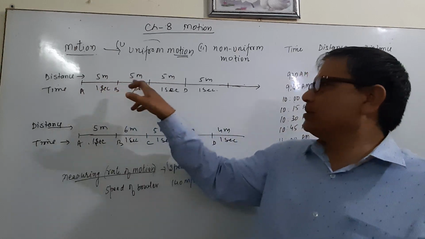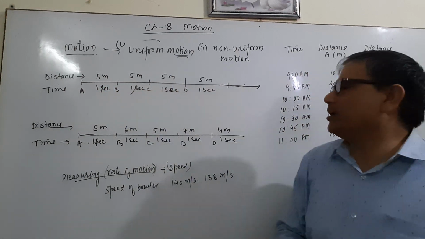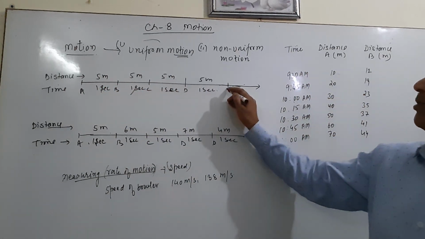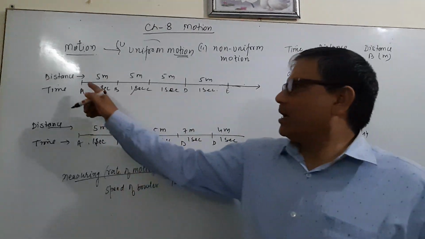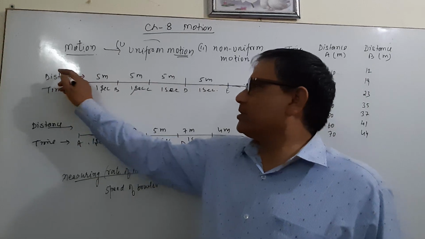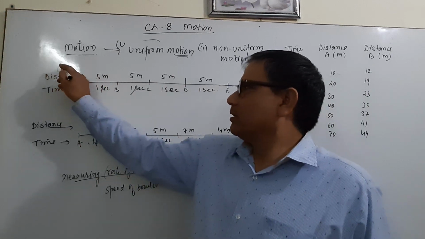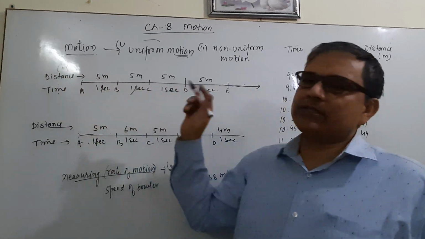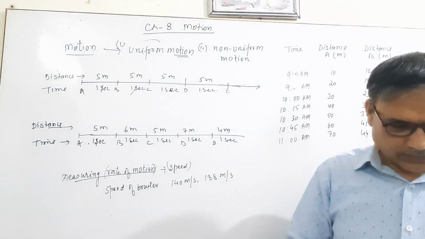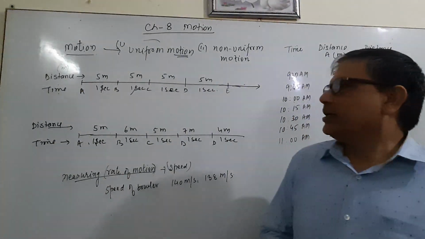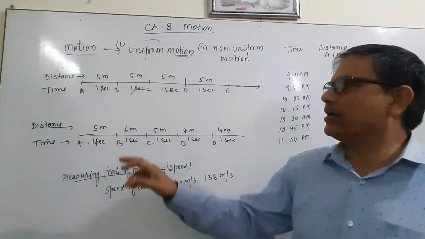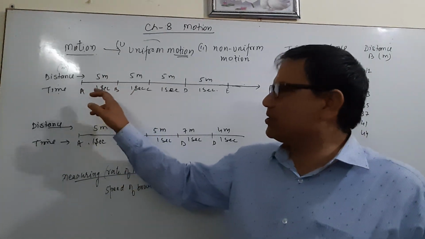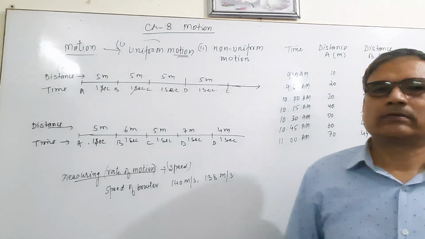Here A, B, C, D, E are points which I located on a straight path, and above the line it represents the distance in meters and the time in seconds. It indicates the distance from A to B is 5 meters and the time taken by the object to cover it is 1 second.